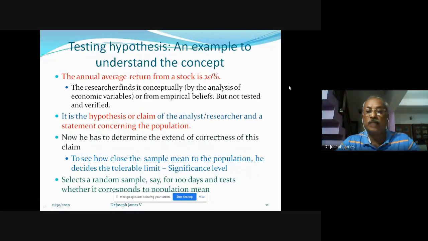Now he has to determine the correctness of the claim and he chooses a sample mean of the population. That is, the sample mean return is used for the purpose of deciding whether our claim of population average return of 20% is correct or not.